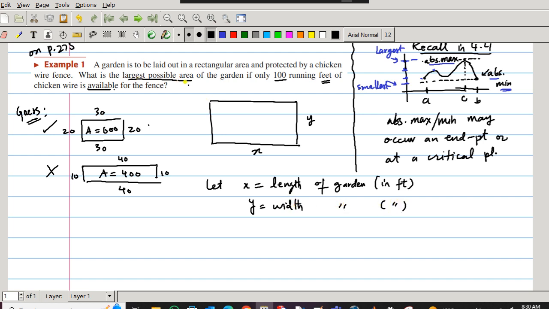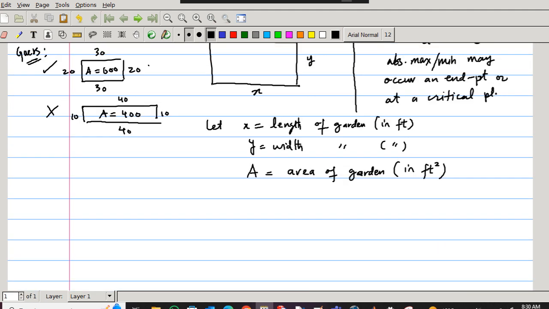And then next thing is the area. So I will also call A the area of the garden. Now area will be in feet square. Anything which is area is the square of the unit, feet square, because we multiply feet with feet, x into y, so it will become feet square.